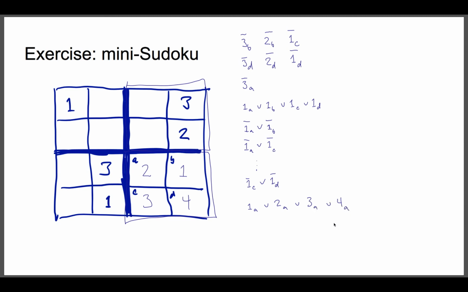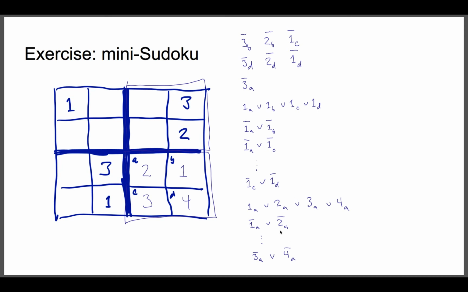That says that one of the digits, 1, 2, 3, or 4, has to appear in A. And then, just as before, at most one of those has to appear. And so we have 6 constraints here saying either 1 is not in A or 2 is not in A, both 1 and 2 can't be in A, all the way down to not 3A or not 4A.